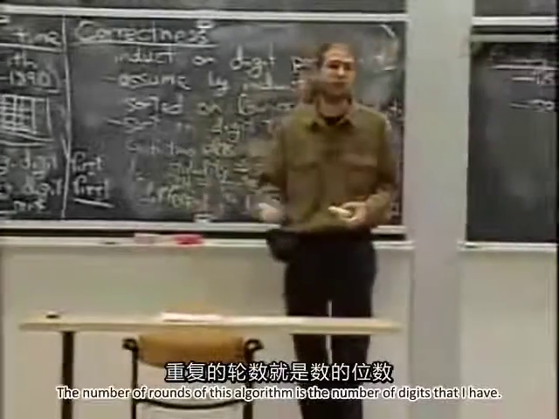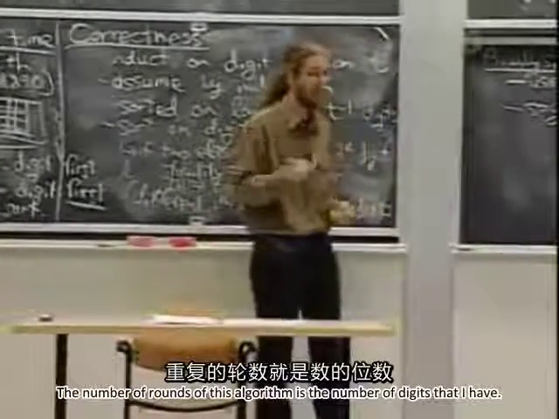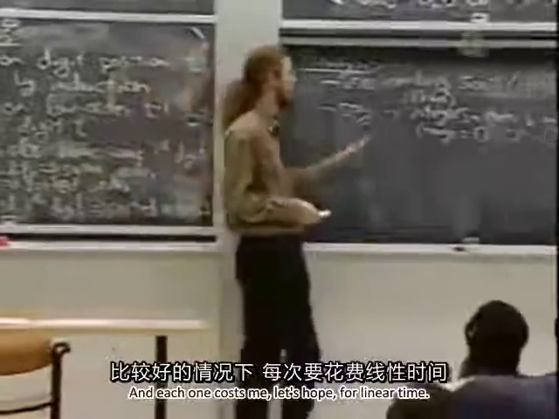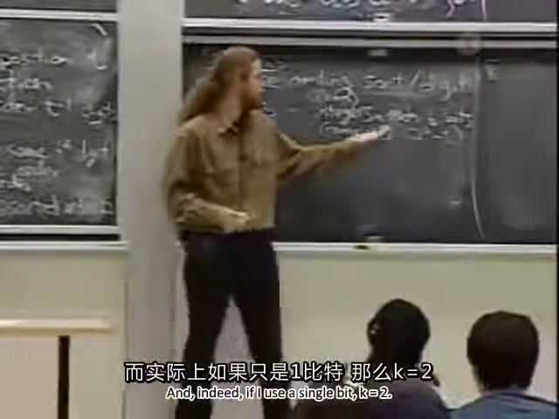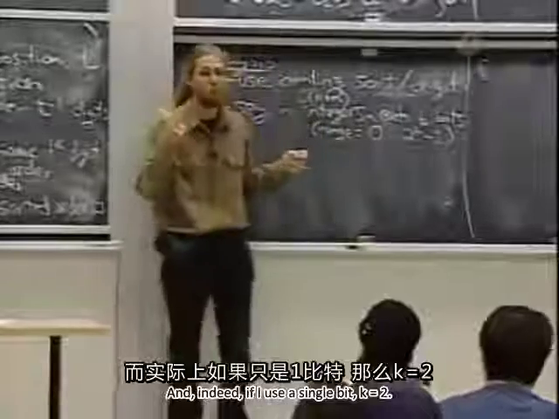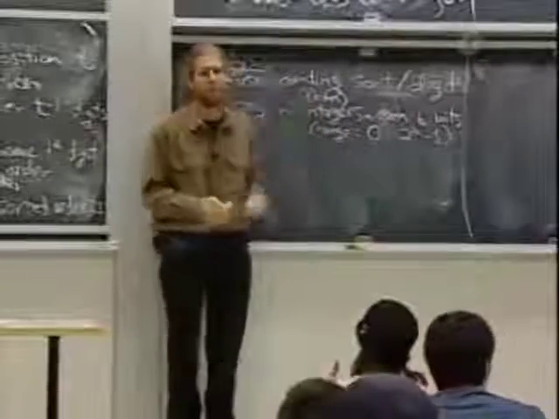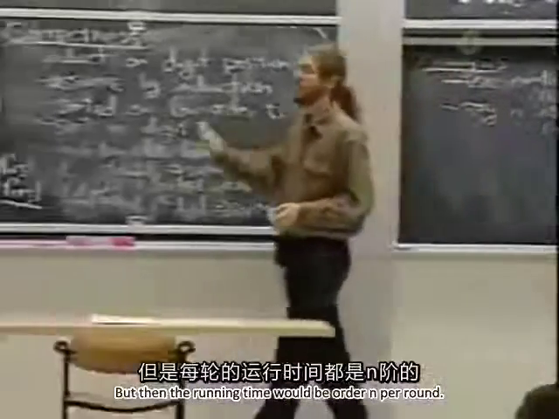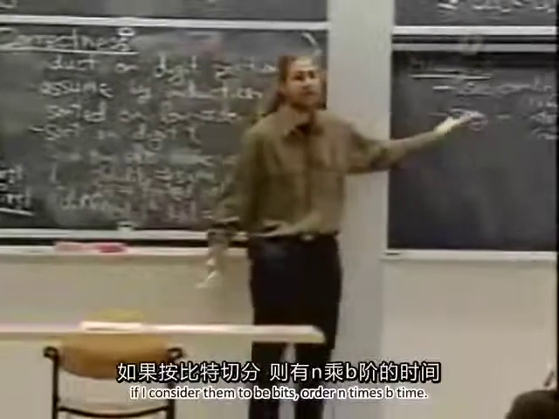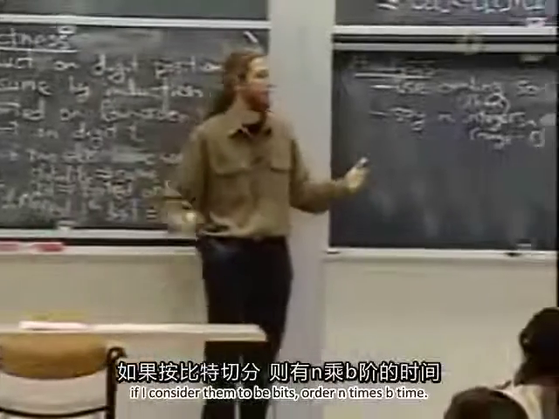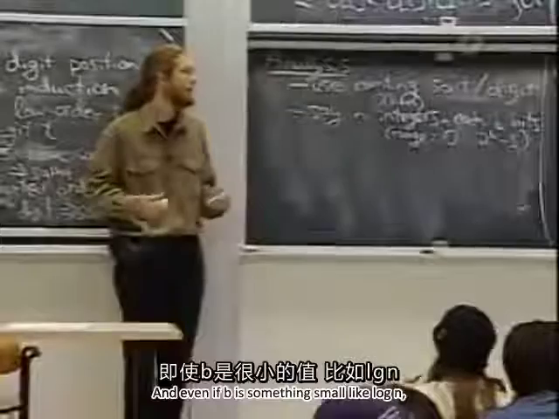Number of rounds of this algorithm is the number of digits that I have. And each one costs me, let's hope for linear time. And indeed, if I use a single bit, k is 2, and so this is order n. But then the running time would be order n per round, and then there are b digits, if I consider them to be bits. So it's order n times b time.